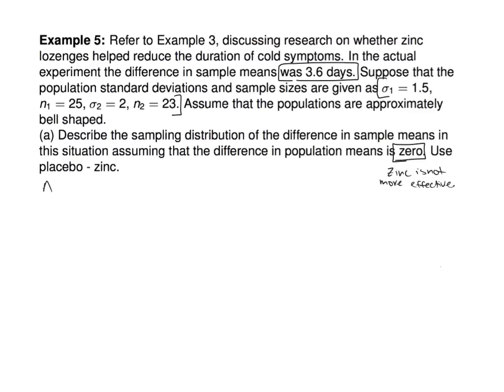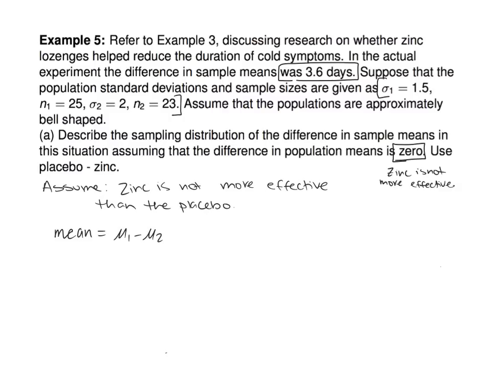So what we're assuming here is that zinc is not more effective than placebo. In that case, our mean is equal to mu1 minus mu2, and that should equal 0.